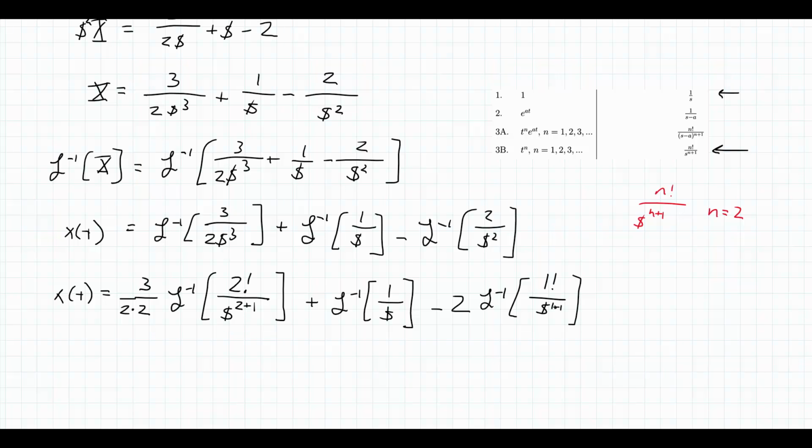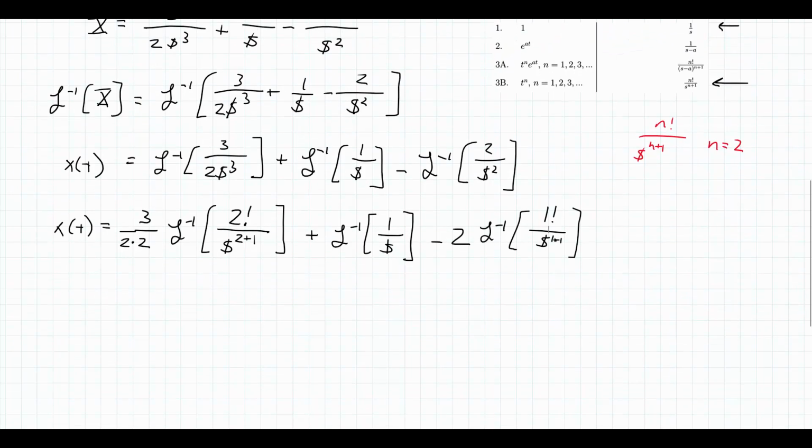So now each of these 3 transforms is algebraically manipulated and looks like something on the table. So now I can finally do the inverse Laplace transforms. On the outside here, I have 3 over 4, and then the inverse Laplace transform as I go right to left on 3b is going to take me to t to the n power, in this case 2.